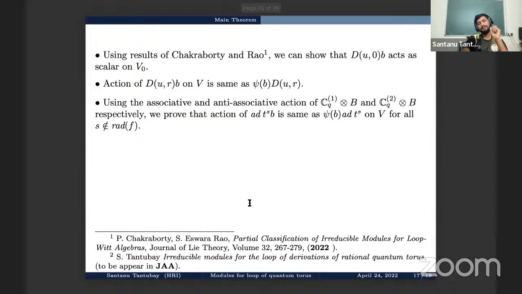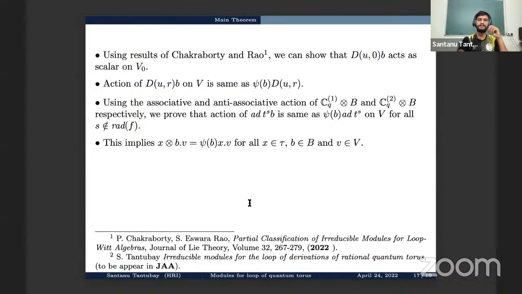And using the associative and anti-associative action of CQ1 tensor b and CQ2 tensor b respectively, we can prove that the action of ad T^s tensor b is the same as psi(b) times ad T^s. So this implies that X tensor b action on V is the same as psi(b) times X action on v, for all X in tau, b in B, and small v in capital V.